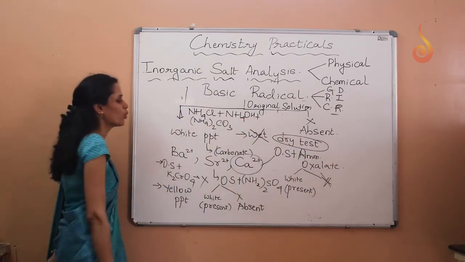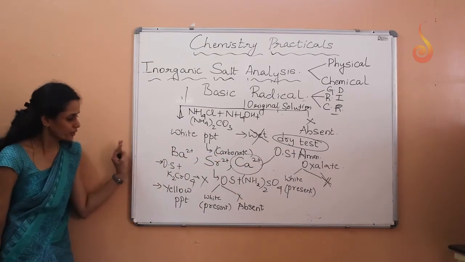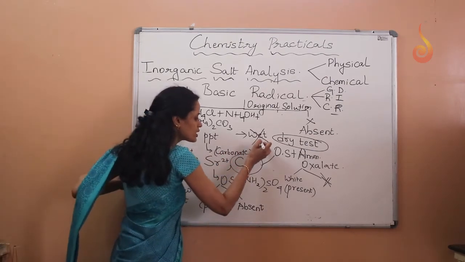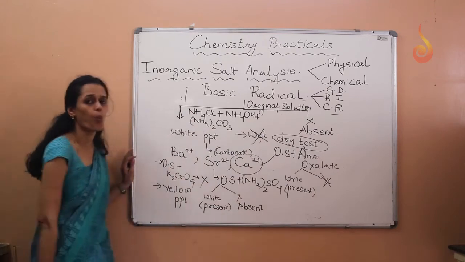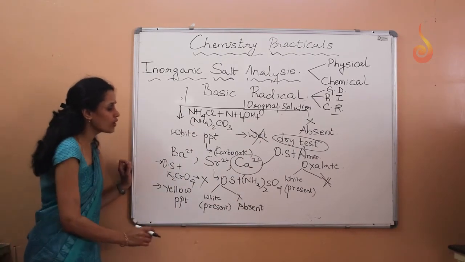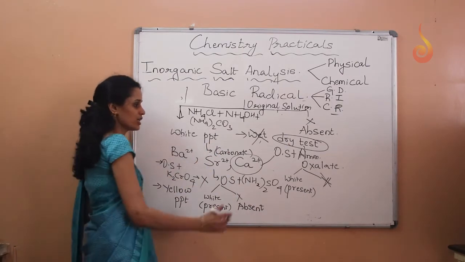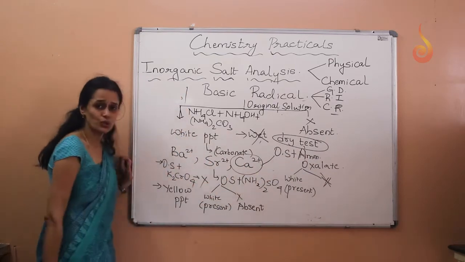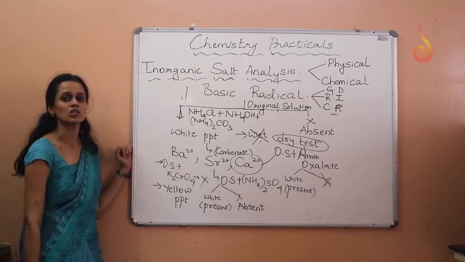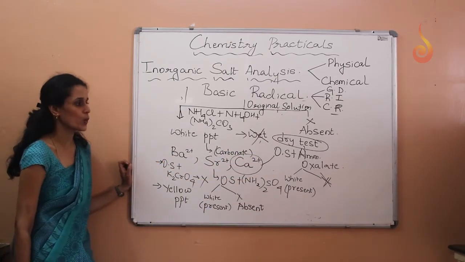Before going into the confirmatory test of these three radicals of the fifth group, let us know what a wet test and a dry test are. In the case of a wet test, we always use a solution of the salt. In the case of a dry test, we don't use any solution; we take the salt directly. That's the reason we say dry test and wet test.